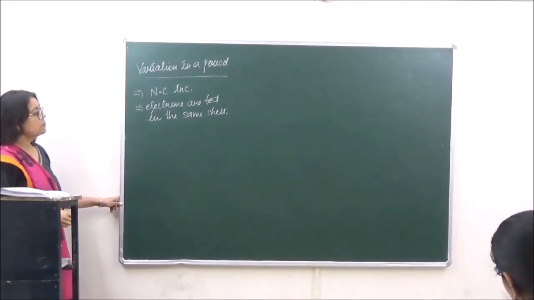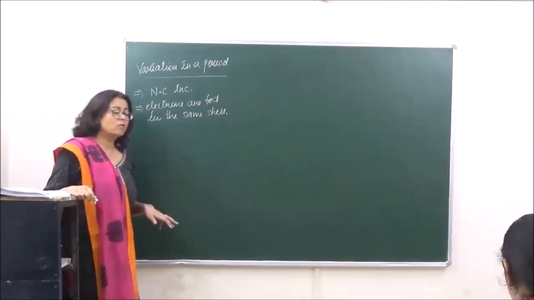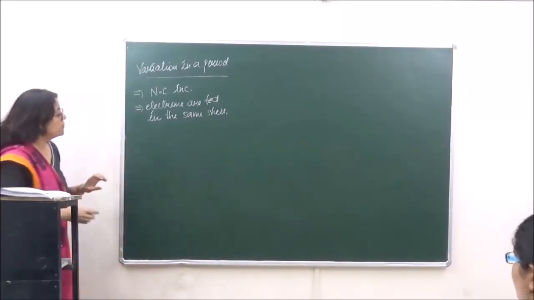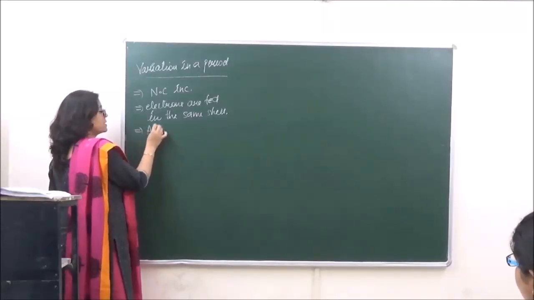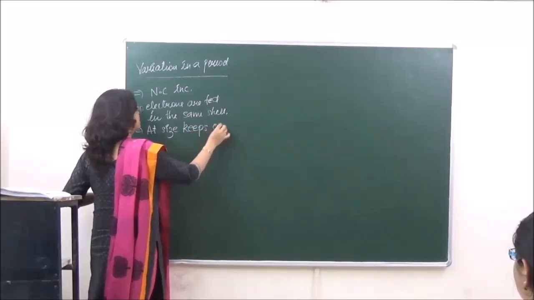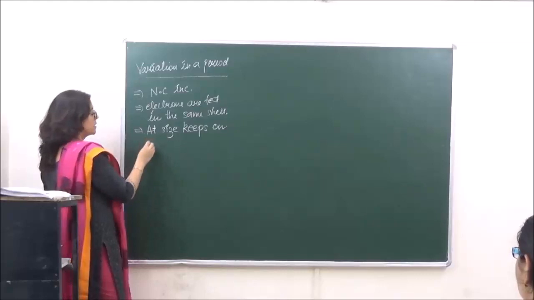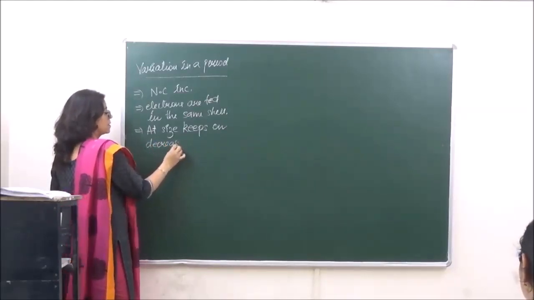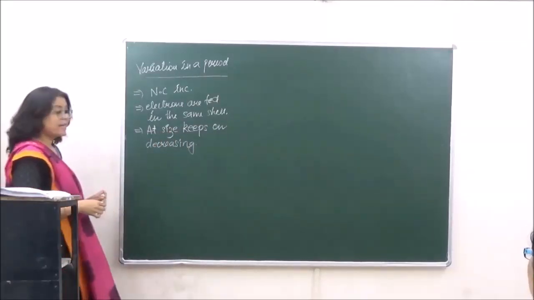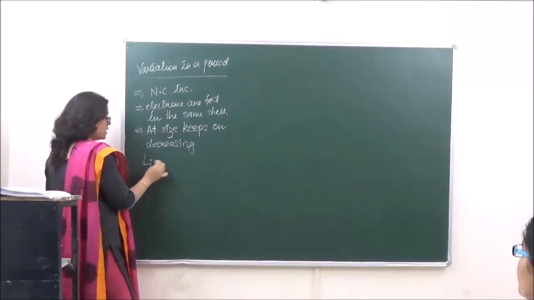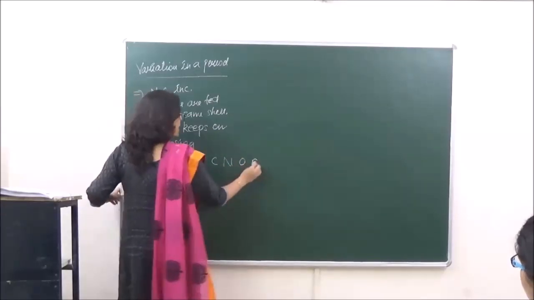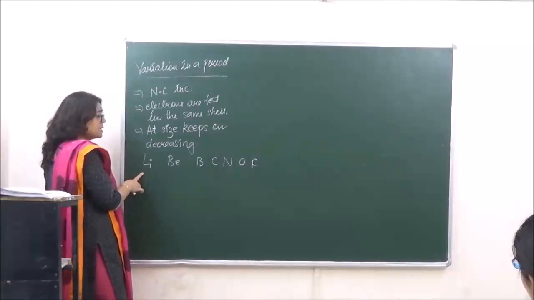When the nuclear charge keeps on increasing, the outermost shell is attracted by the greatest force. As a result, along a period, the atomic size keeps on decreasing. Okay? So if we take the elements of the second period, lithium, beryllium, boron, carbon, nitrogen, oxygen and fluorine, the size keeps on decreasing.